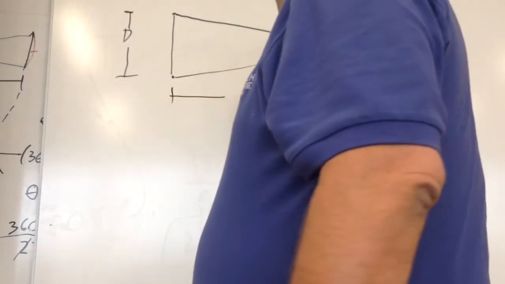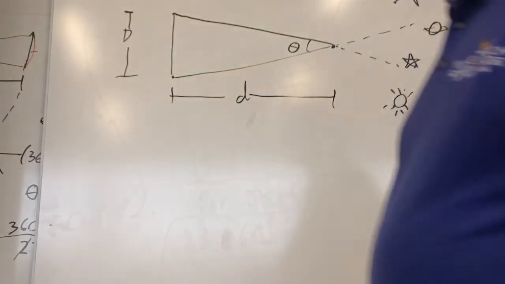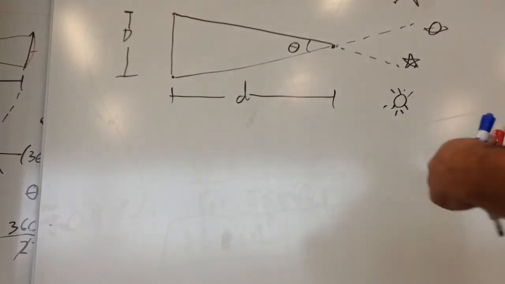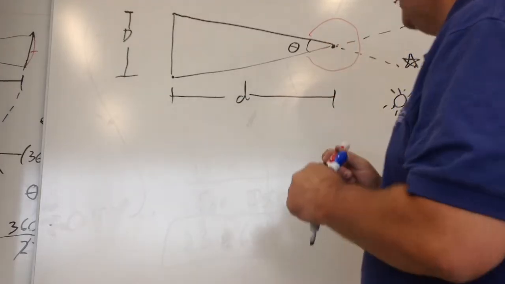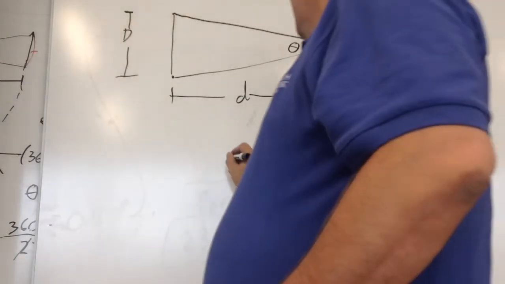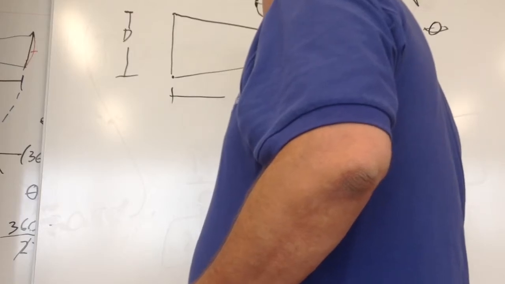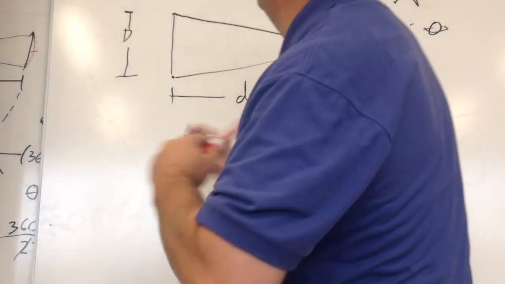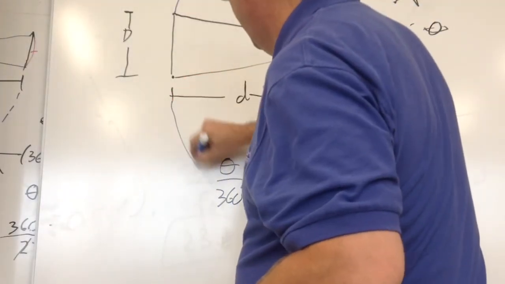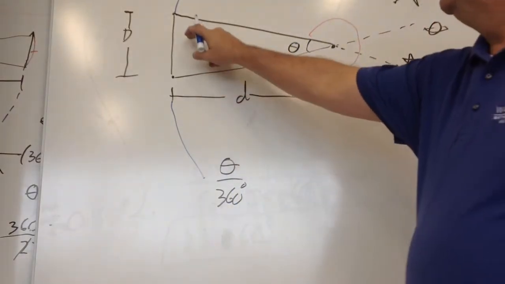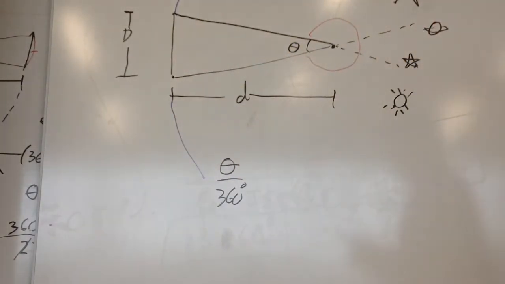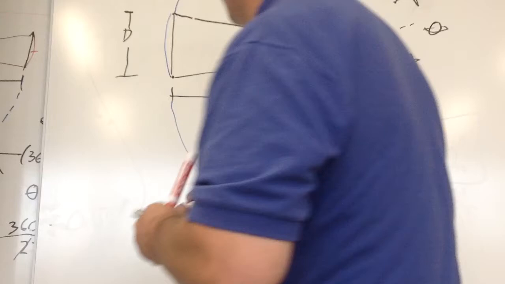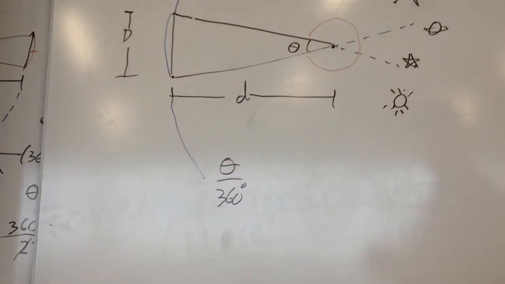And then here's what we're after: the distance, d, to the object. The geometry is the same. The ratio of the angle theta to the full circle swept out by the red line is equal to the circumference of the full circle swept out by diameter d, to that approximation of the arc that runs across the baseline, like that.